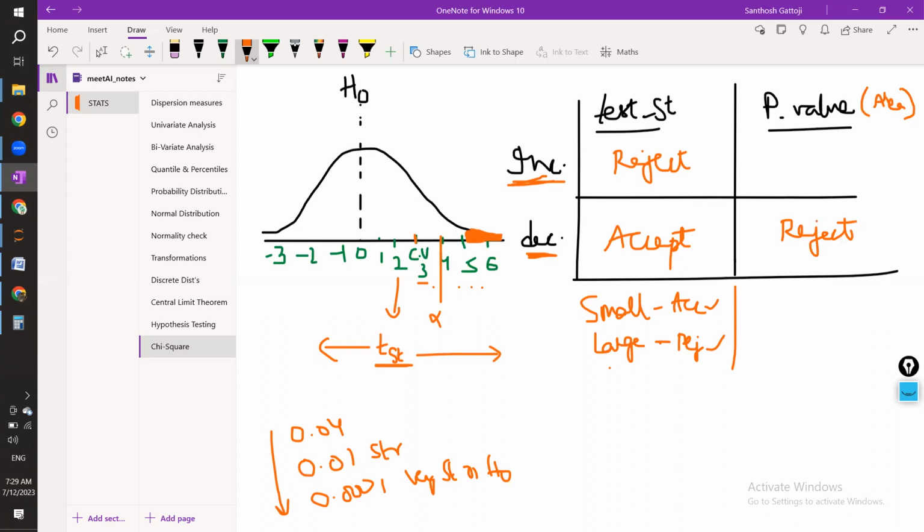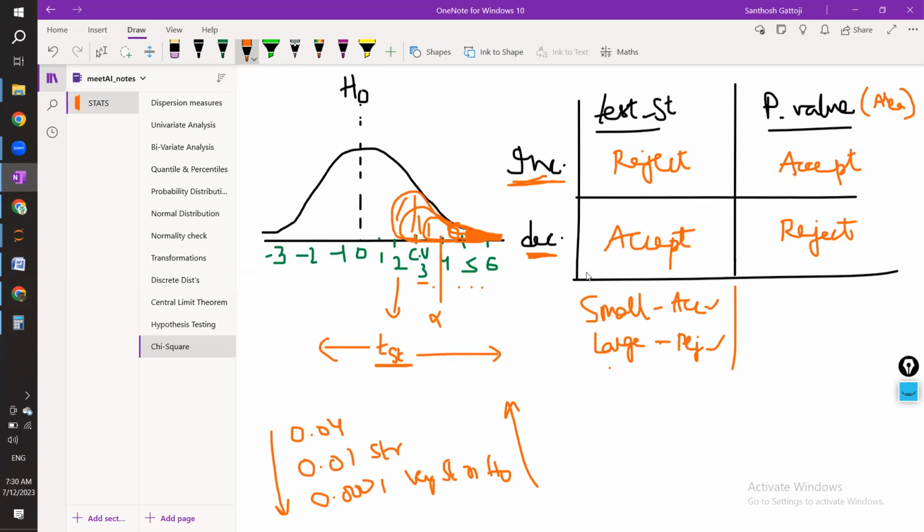If the area is decreasing, it is becoming smaller and smaller, which means it is moving away from the null hypothesis. So in that case you need to reject. But if the p-value is increasing, now it is this much, next this much, now 0.5, till here it is covered. So we need to accept.